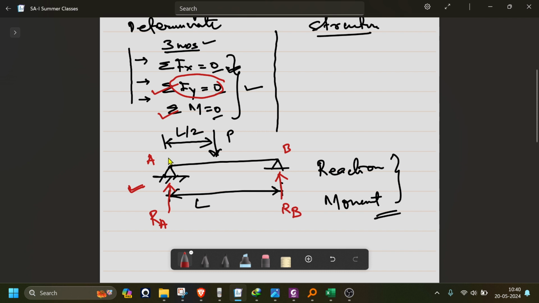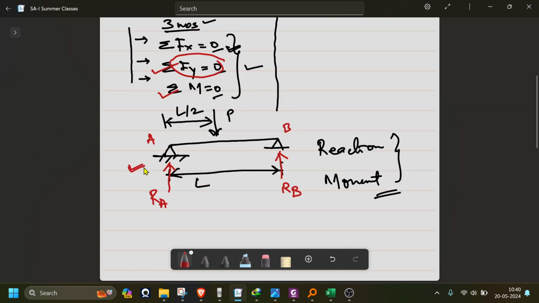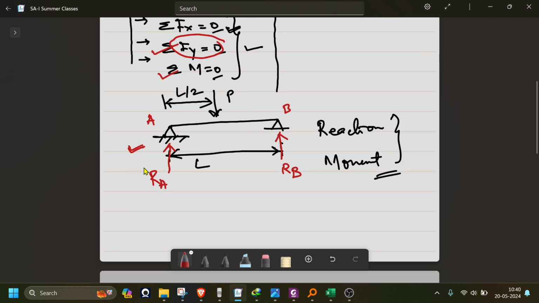Then Ra plus Rb, the vertical reactions, will be equal to P, right?